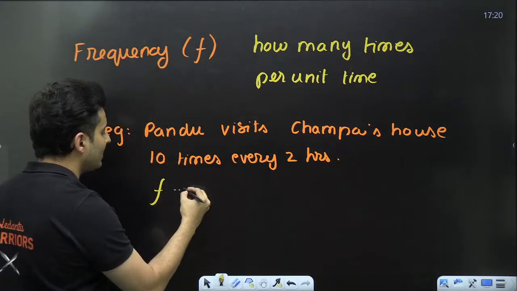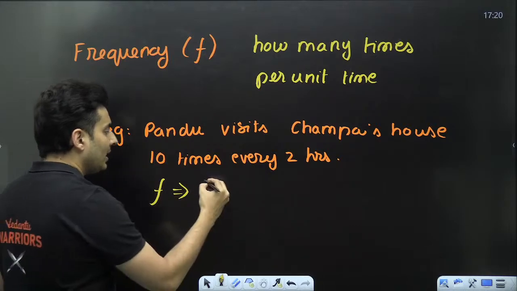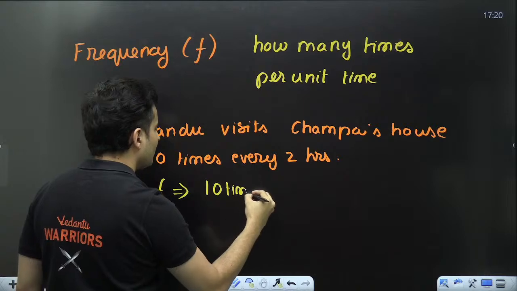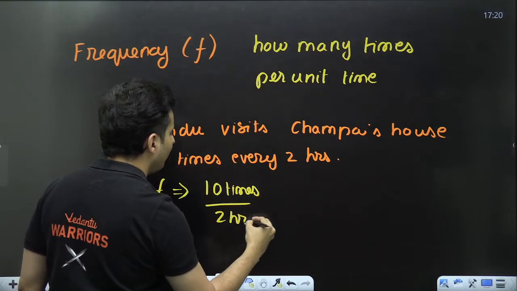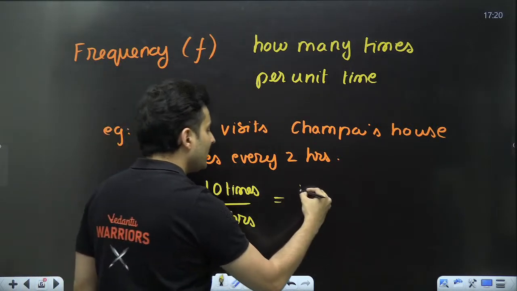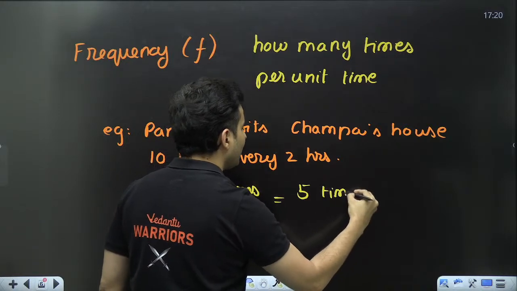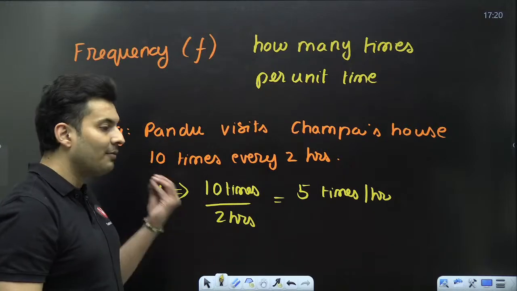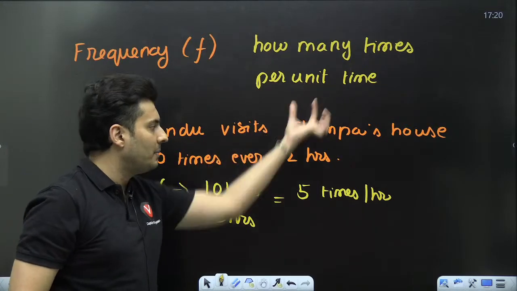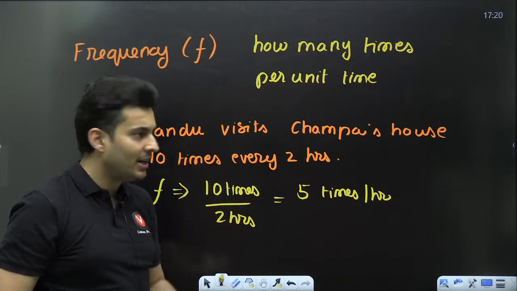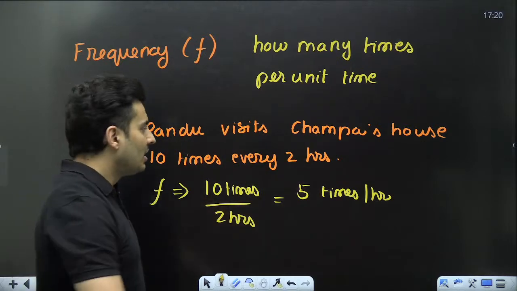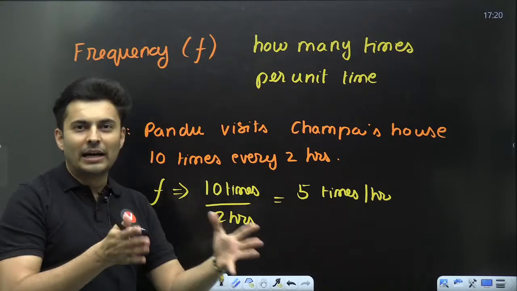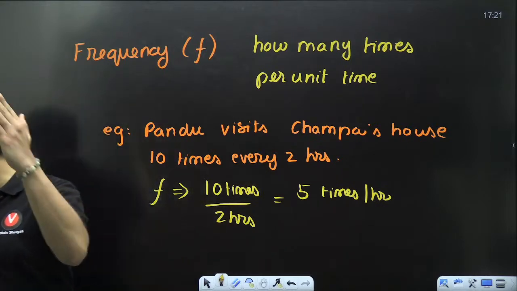So what is the frequency, my dear warriors? Think about it. 10 times every 2 hours. So 10 by 2 is basically 5 times an hour. Every unit of time here is hour. He is visiting 5 times. So that is basically the frequency of Pandu per hour.